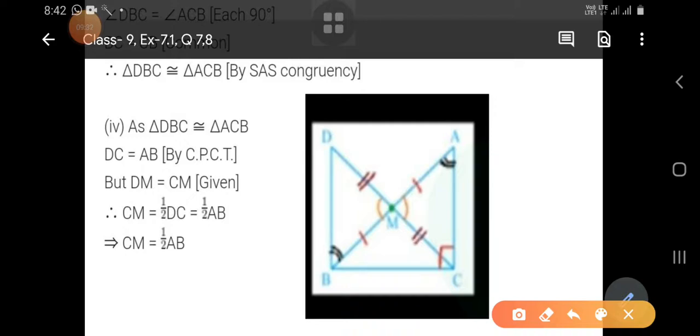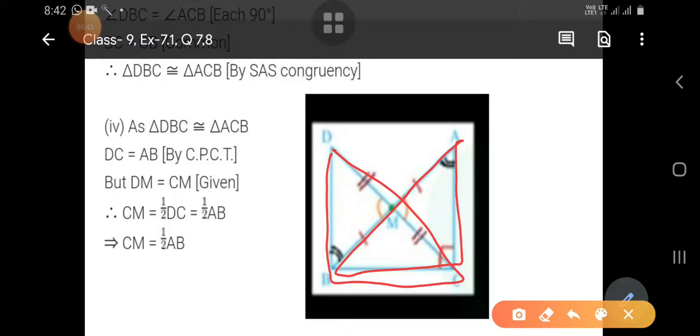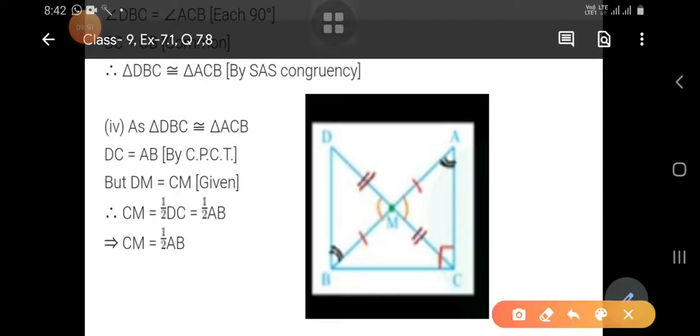Till now we have already proved that triangle DBC and triangle ACB are congruent. So if these two triangles are congruent, then we can say that the line DC is equal to AB by CPCT. I will show here, this line DC is equal to AB. Clear?